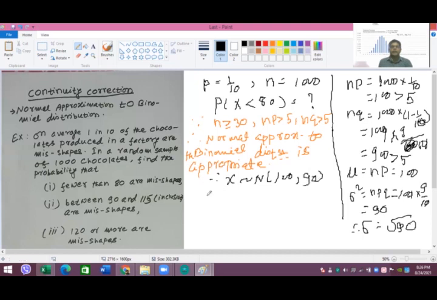Okay, and your z value is x minus mu divided by sigma. So here the x minus mu value is, no, the mu value is 100, and this is divided by the standard deviation, that is sigma, which is the square root of 90.